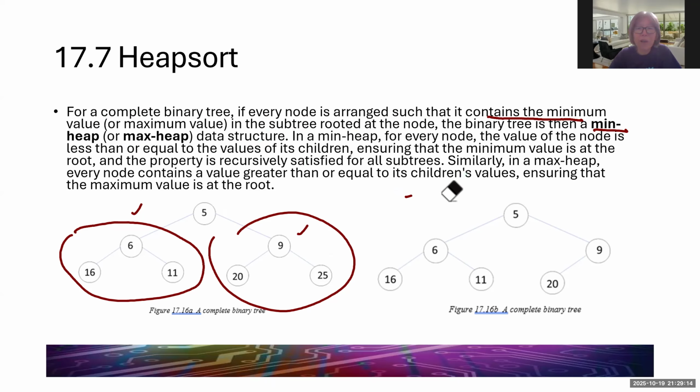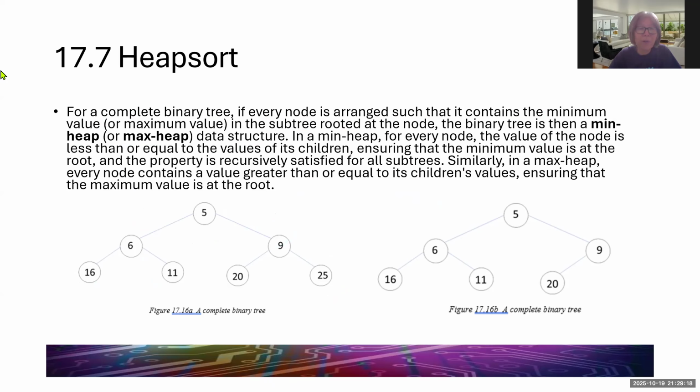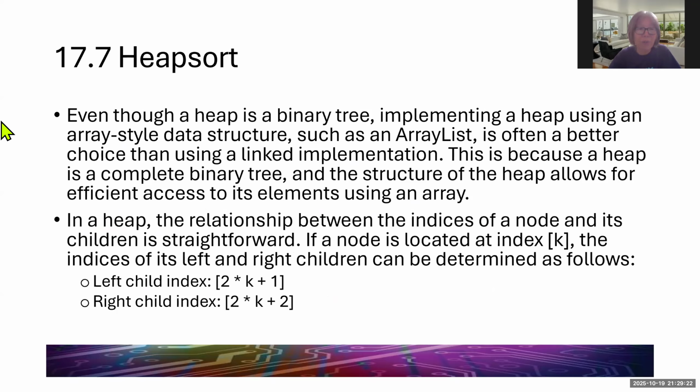With this kind of special arrangement, there is a benefit when we do implementation. If you recall, when we discussed binary tree, binary search tree, and AVL tree, their implementation used linked implementation.